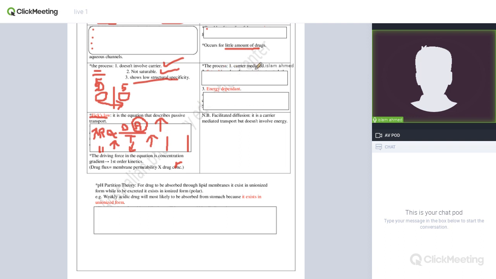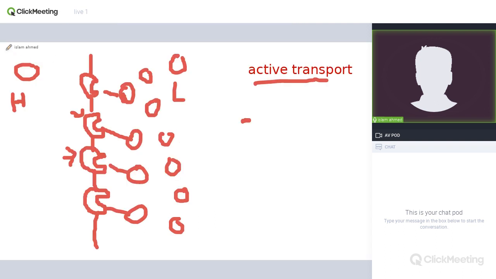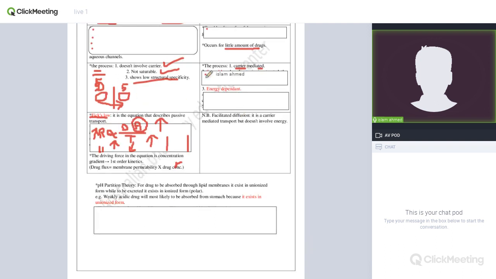The process is carrier mediated, as we have seen in the drawing here. So it's susceptible to saturation. Where the carrier is saturated, the process will become zero order, so there will be no more medication entering the cell. It's energy dependent.